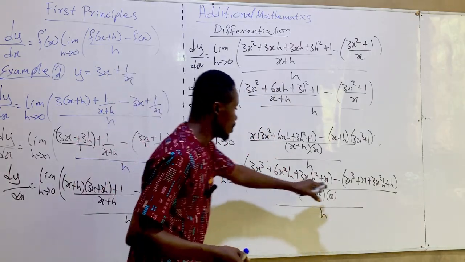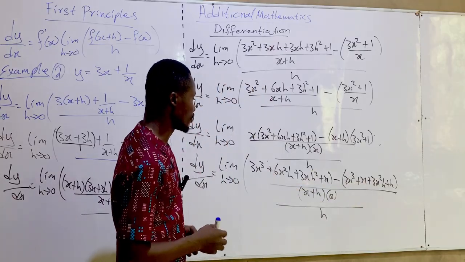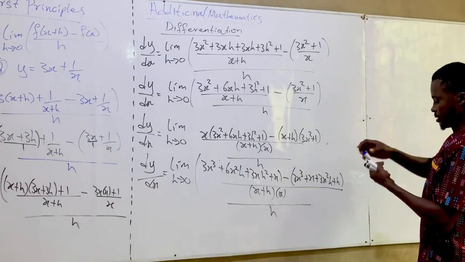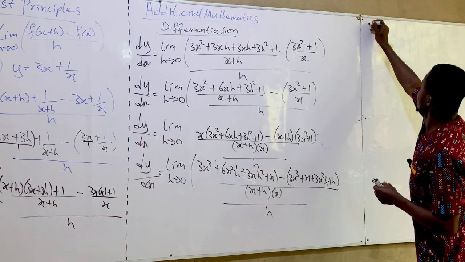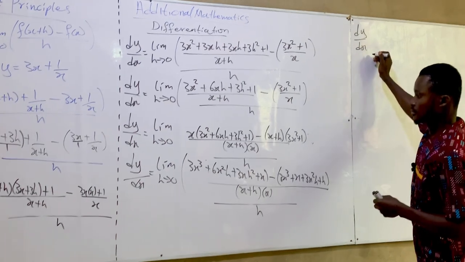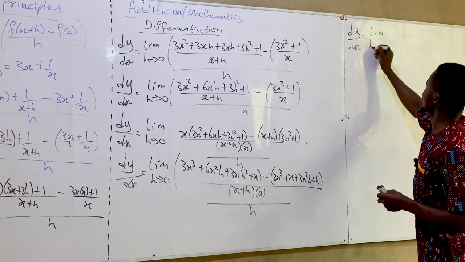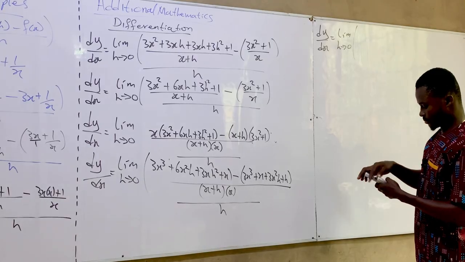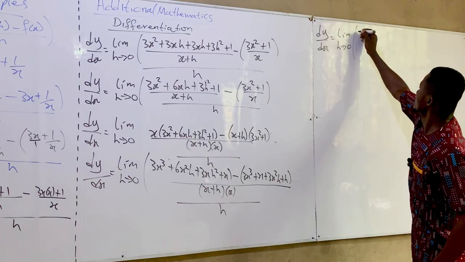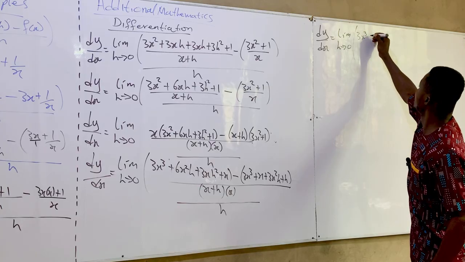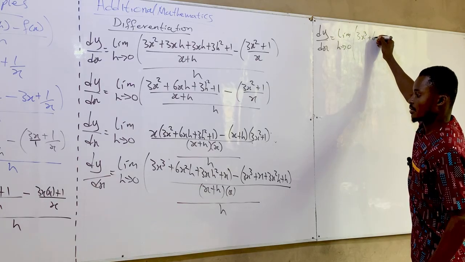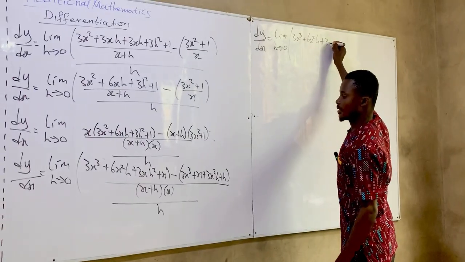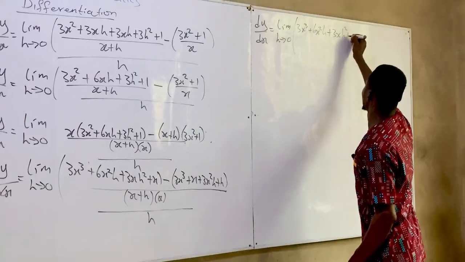Now the next step is to use this negative to expand these brackets we have over there. So we'll be getting dy over dx equal to the limit h approaches 0 of the bracket 3x cubed plus 6x squared h plus 3xh squared plus x.